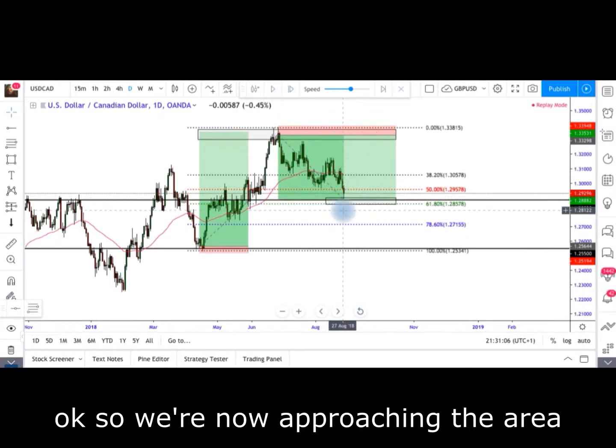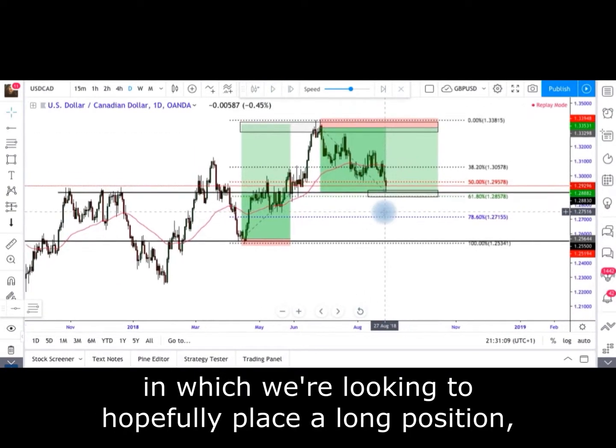Okay, so we're now approaching the area in which we're looking to hopefully place a long position.